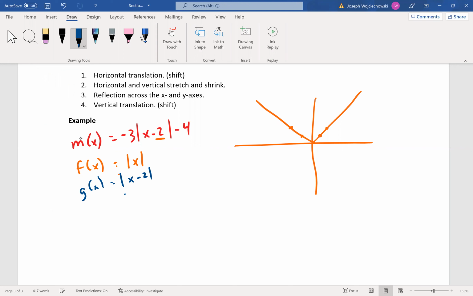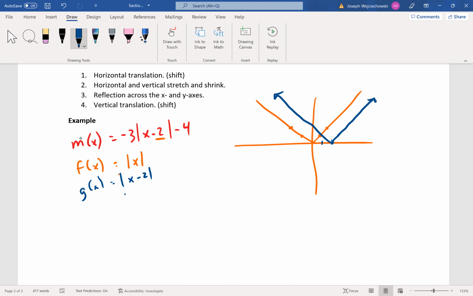That's our horizontal translation. When we subtract, we shift right 2 units. So that means 1, 2, like that, and like that.